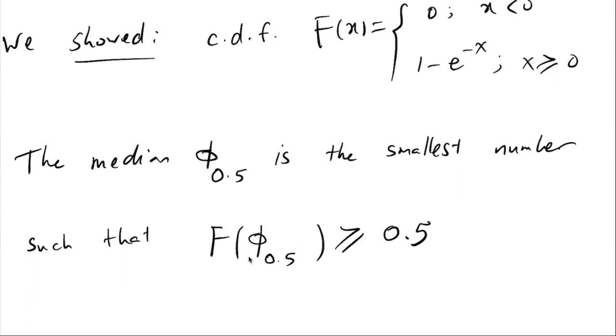If I find a number where capital F gives me 0.5, then if I increase the input, the outputs will increase as well, and if I decrease that input, the outputs will decrease as well. So if I find, let's say, a number t with F of t equals 0.5, well, that number t satisfies this. And if I have another number, let's say s with s less than t, F of s will be less than 0.5.